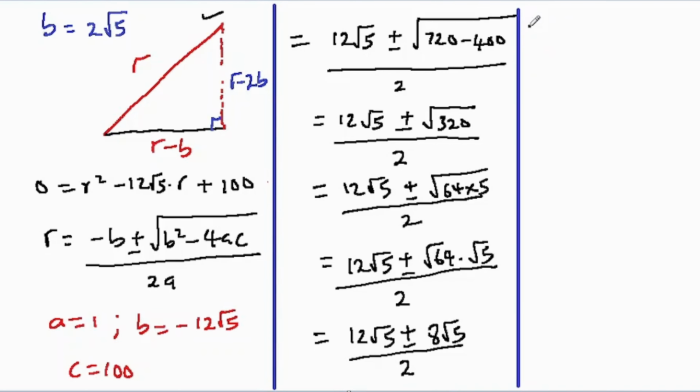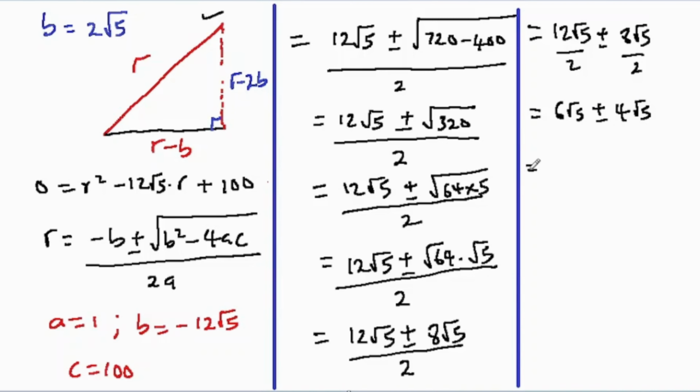So we can proceed to have 12 root 5 divided by 2 plus or minus 8 root 5 divided by 2. And this is going to give us 6 root 5 plus or minus 4 root 5.